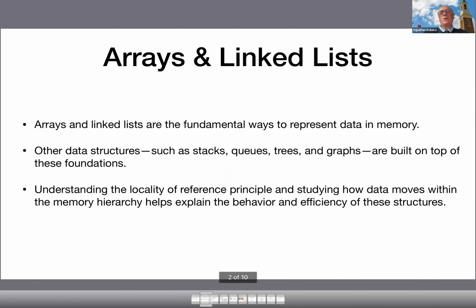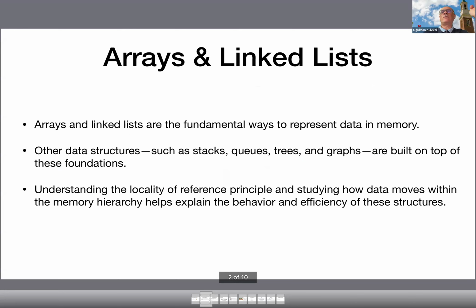And we start with the most fundamental data structures, arrays and linked lists. Actually, all data structures are based on arrays or linked lists, because there are only two ways to maintain your data in memory, when you would like to keep your data in memory, when you would like to represent your data digitally.